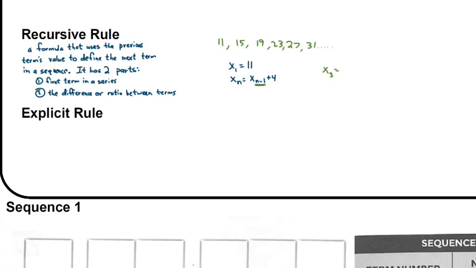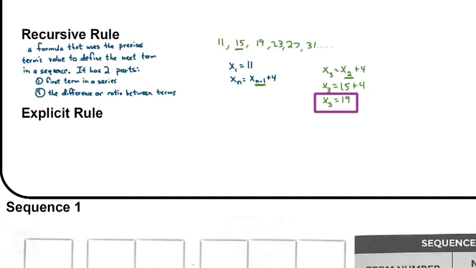Well, what's 3 minus 1? That's 2. And I add 4 to it. So x of 3 equals, we know x of 2 is 15, plus 4. Therefore, x of 3, the third x in the sequence, is 19. Okay, that's how a recursive rule works, and you'll get used to that as we go.